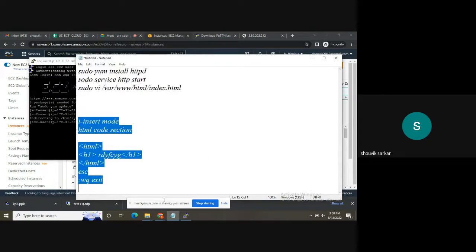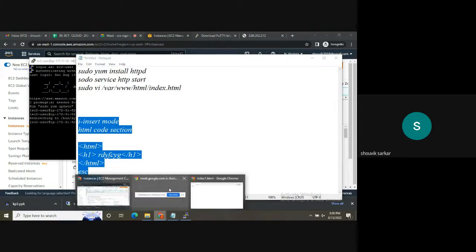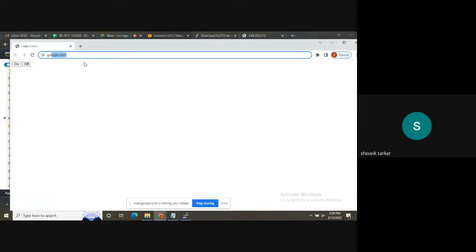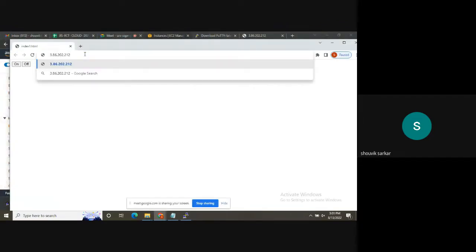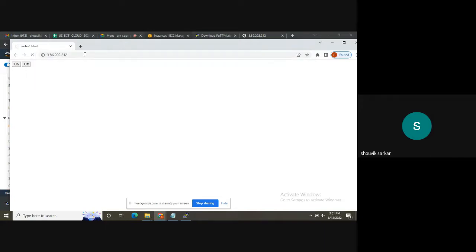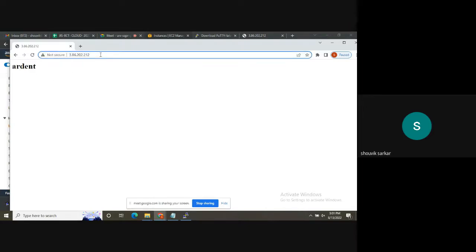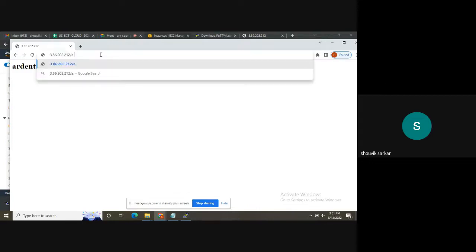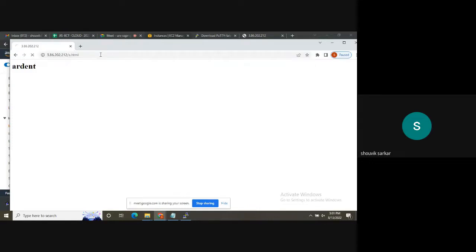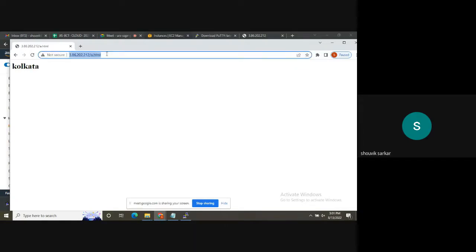Now if you go to the web page with the same IP address, the default page is index, and due to that it goes to this page. But as we saved it as a.html, now we put a.html, and it reaches the second page. So whatever we write in the default page, we don't need to mention.